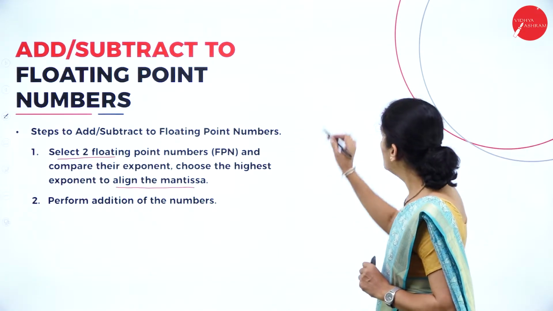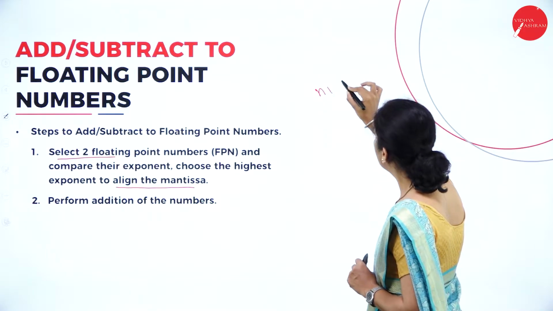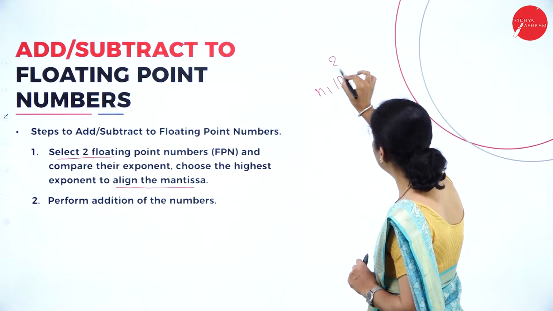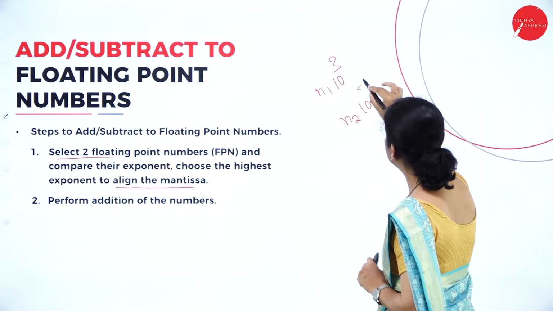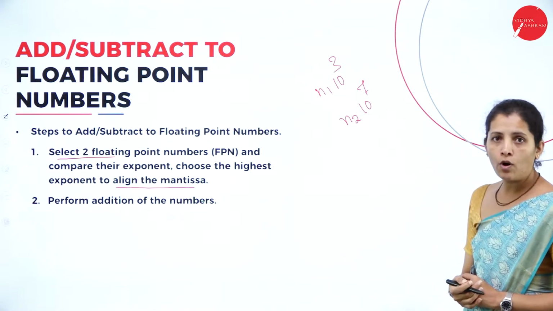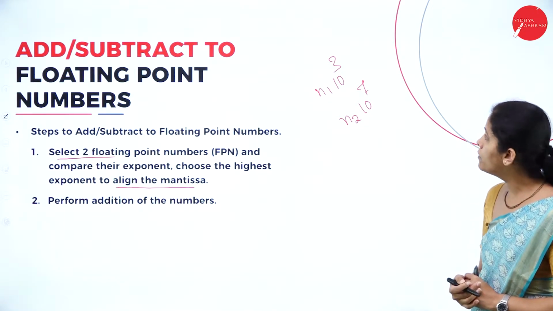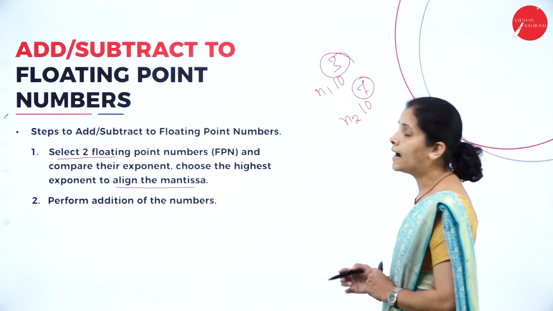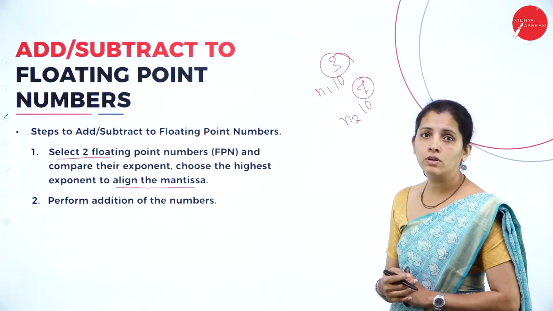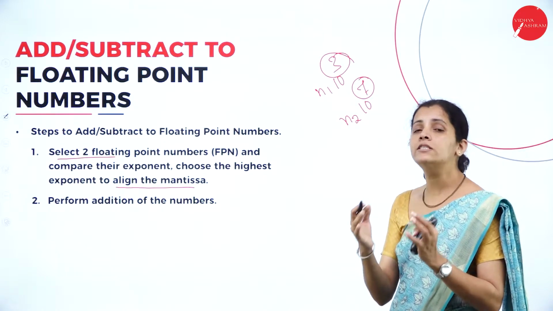For example, I have number 1, in that I have the power 3, and I have number 2 and the power is 7. To perform addition, I want to consider the exponent, and which one I want to consider? That is the highest exponent.